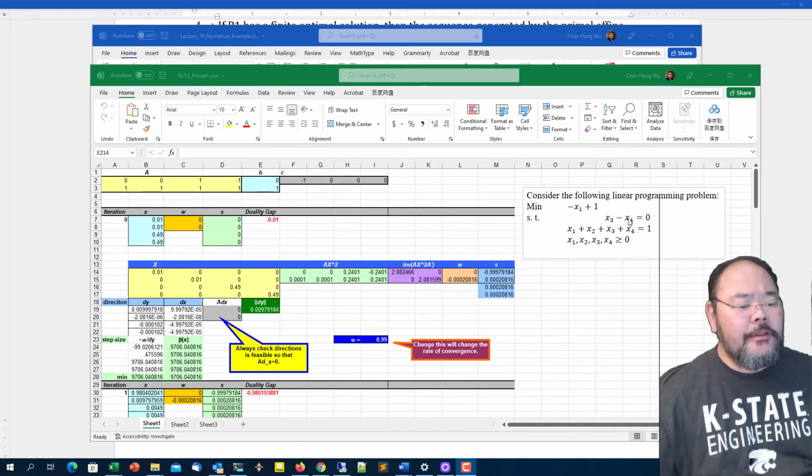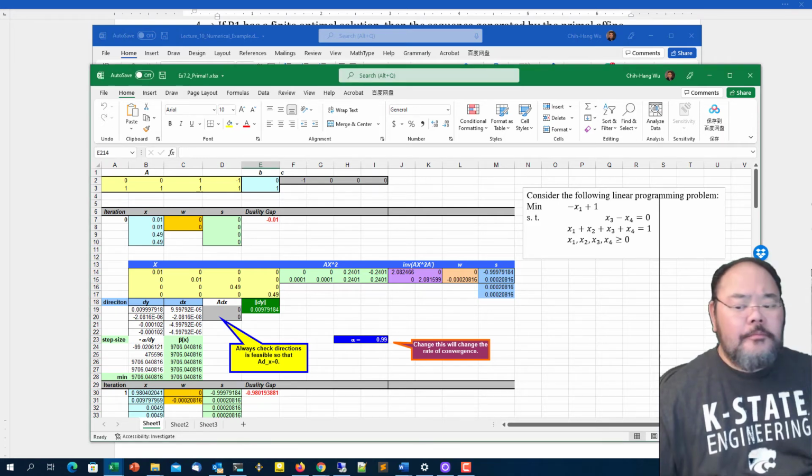That means x3 equals x4, and x1 plus x2 plus x3 plus x4 equals 1. And that's my problem. We can easily verify that the solution converges to x1 equals 1 and the rest of them equal to 0.